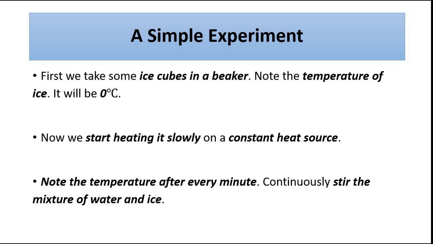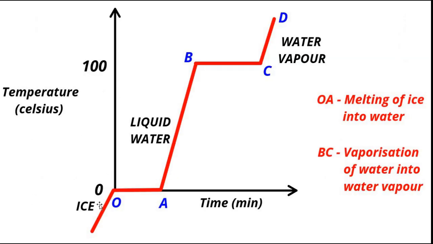Now we will obtain a graph between the temperature readings in Celsius and time in minutes, which will be something like this. It's a very interesting graph, particularly these flat portions, that is OA, BC.